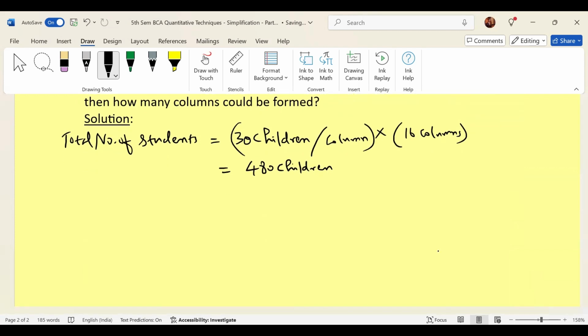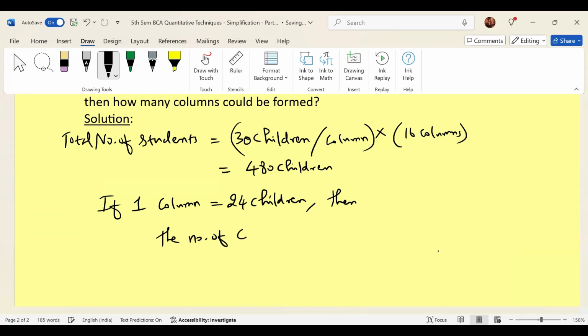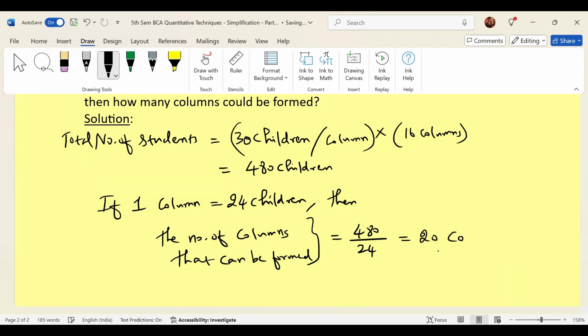Now, if one column is 24 children only, then the number of columns that can be formed will be 480 divided by 24. That is 20 columns. So that is the solution for this question.